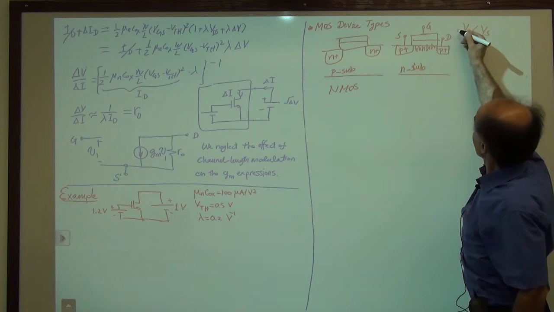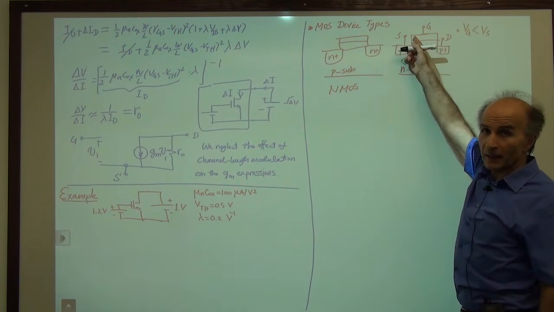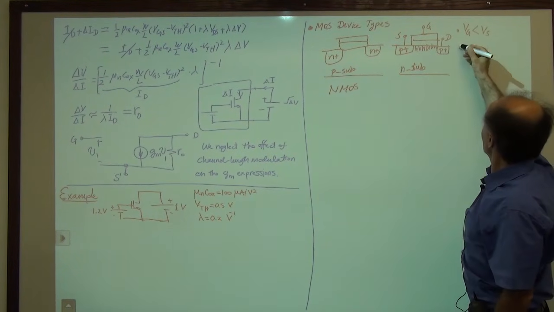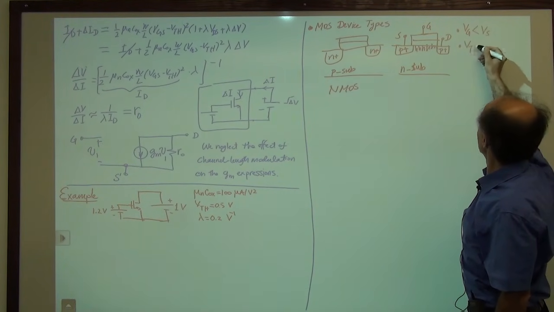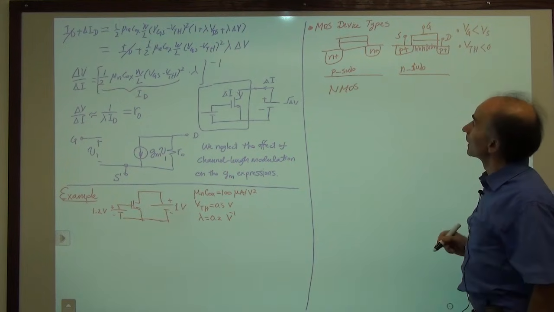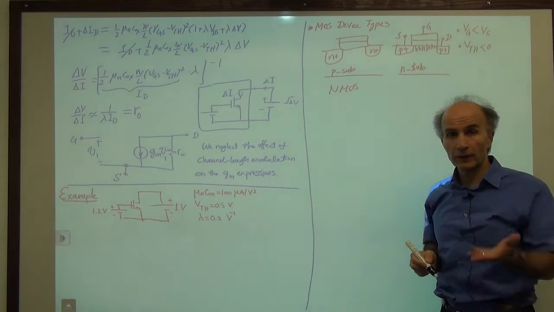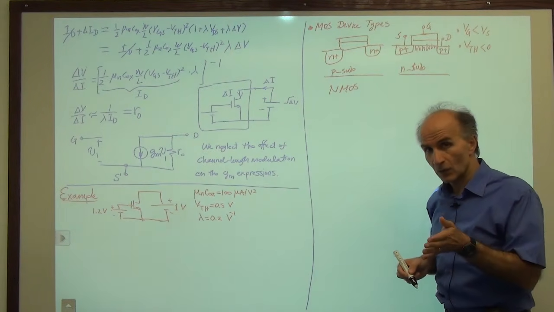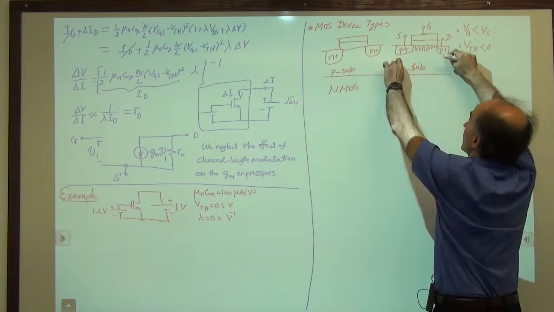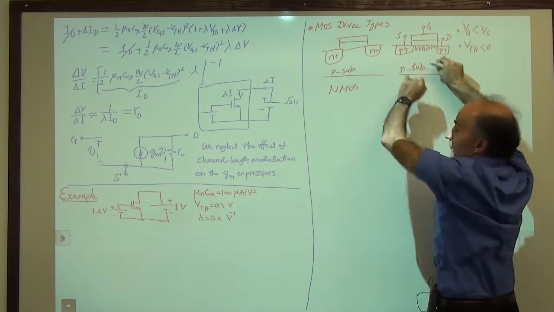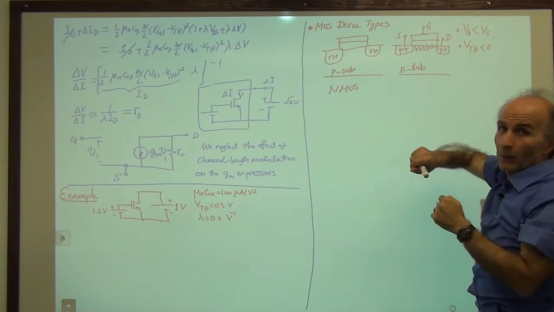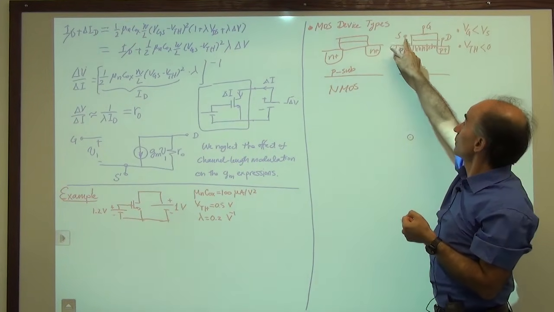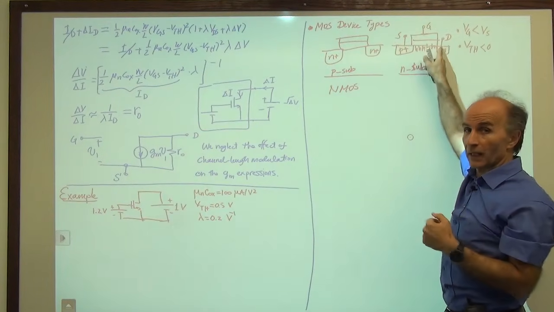All right. Is the threshold voltage negative? Yes, because this gate has to become sufficiently negative compared to the source. So the threshold voltage is also negative. All right. Now, we have created holes between source and drain, and we need to conduct a current. So how do I choose the polarity of the voltage difference between source and drain? Well, I want the holes to start from the source and go to the drain, right? So that means that the source has to be more positive than the drain.